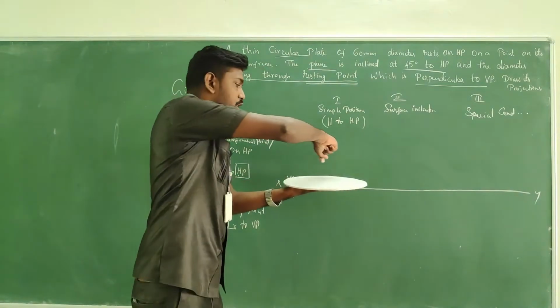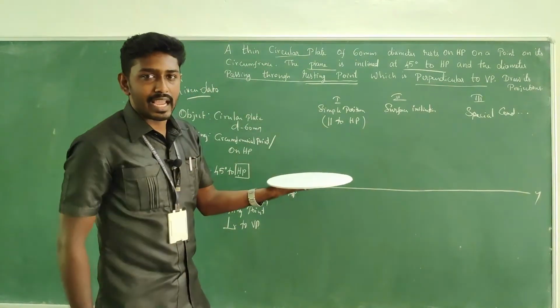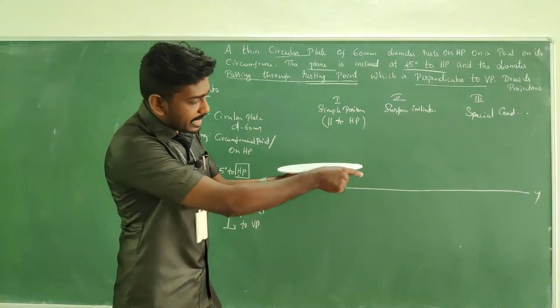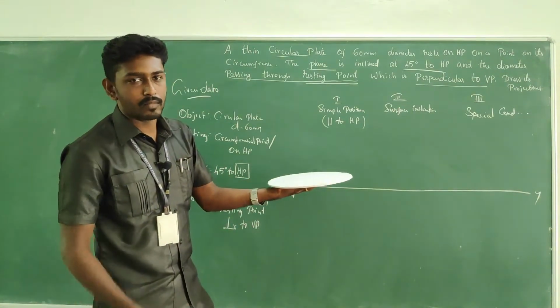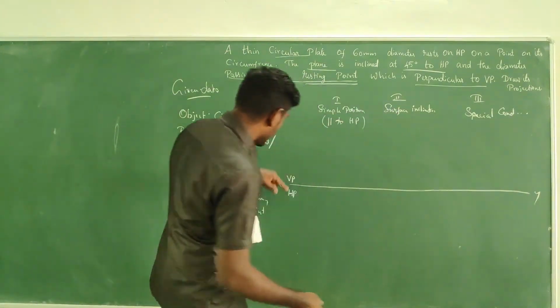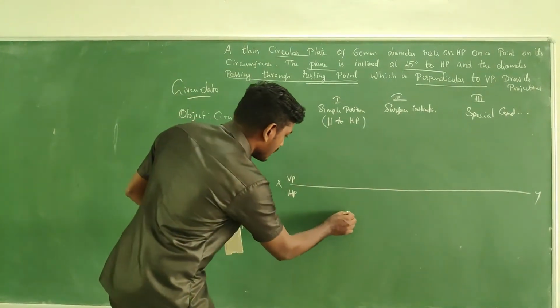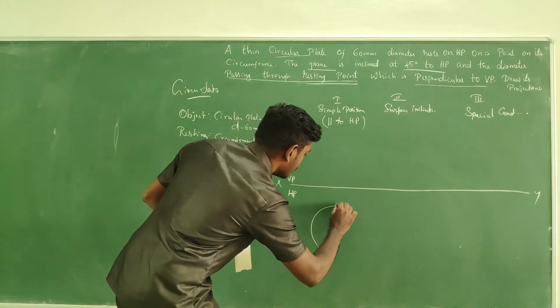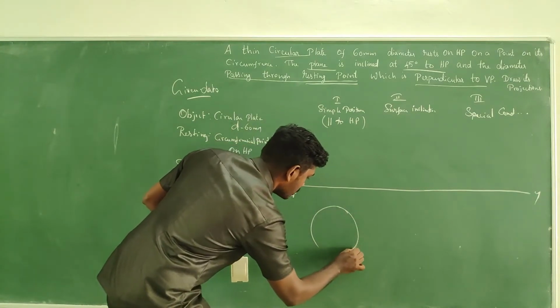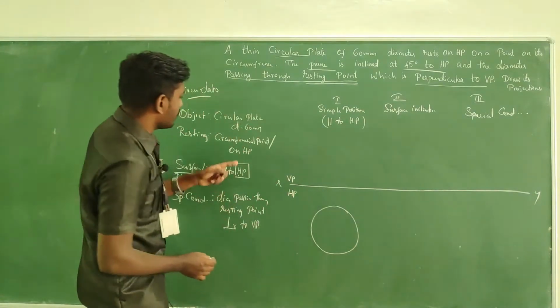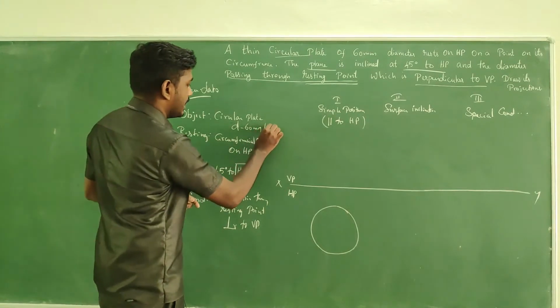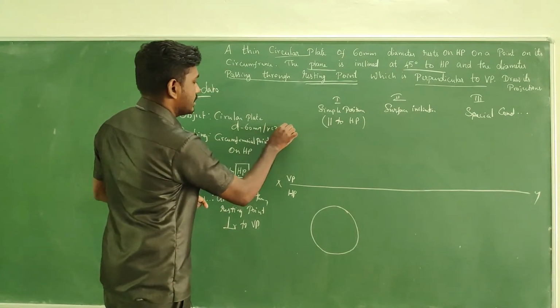From the top view, the true shape of the circle can be viewed. In the front view, we can get a straight line. So in the top view, in the HP plane, we're going to get the trace when it is parallel to HP.